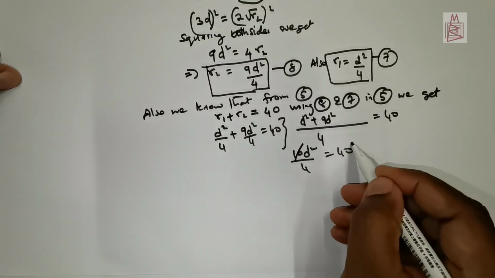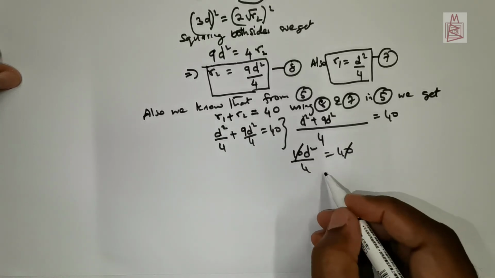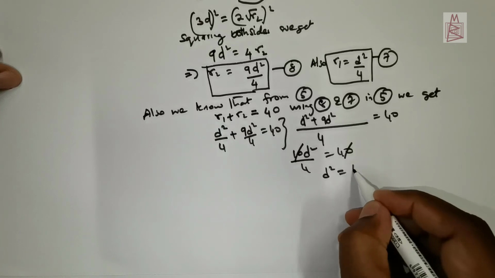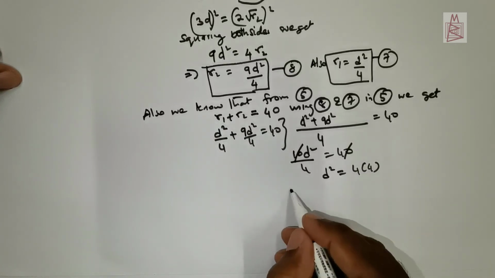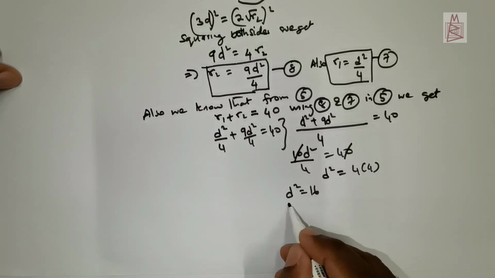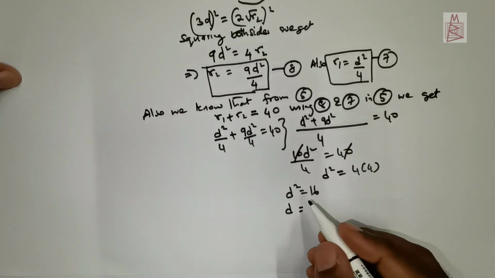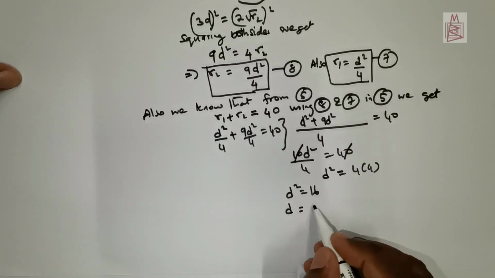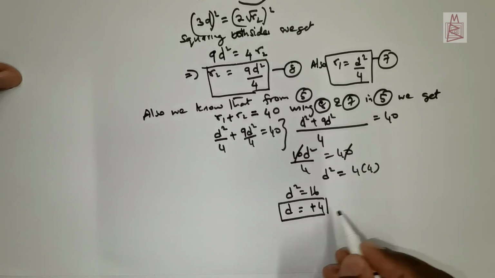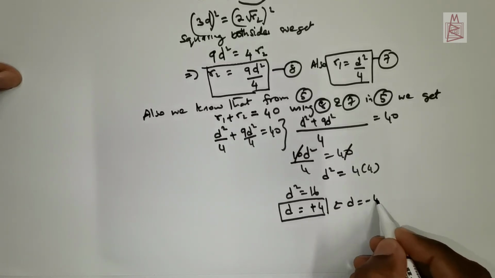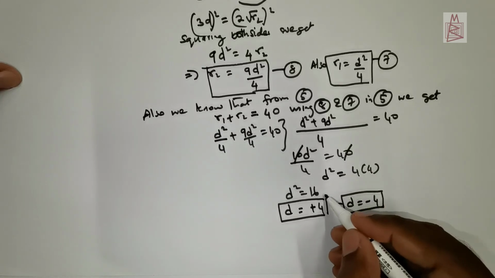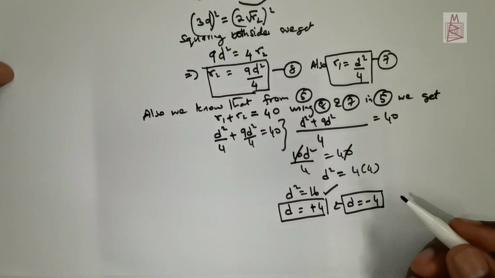I can cancel the left versus the right. So this is giving me d squared is equal to 4 multiplied with 4, which means d squared is equal to 16. And the value of d from here, I would get the value of d to be plus 4 and minus 4. Okay, but I would be taking d to be positive 4.